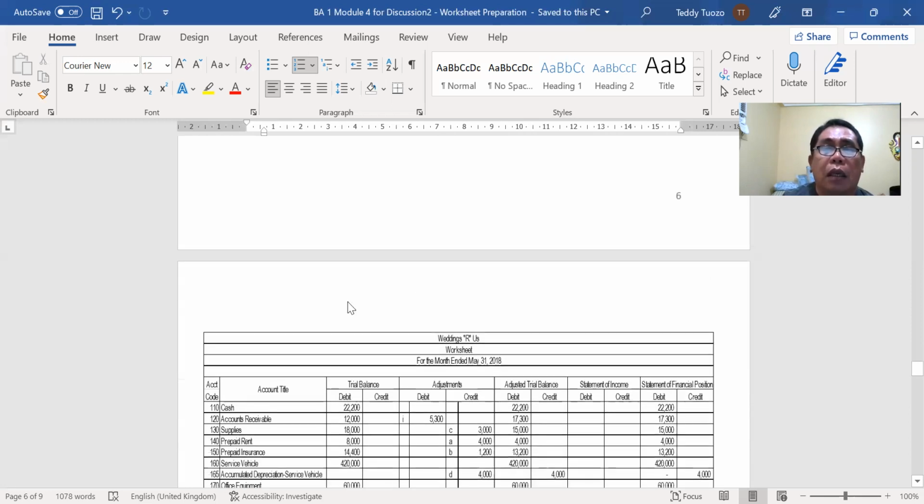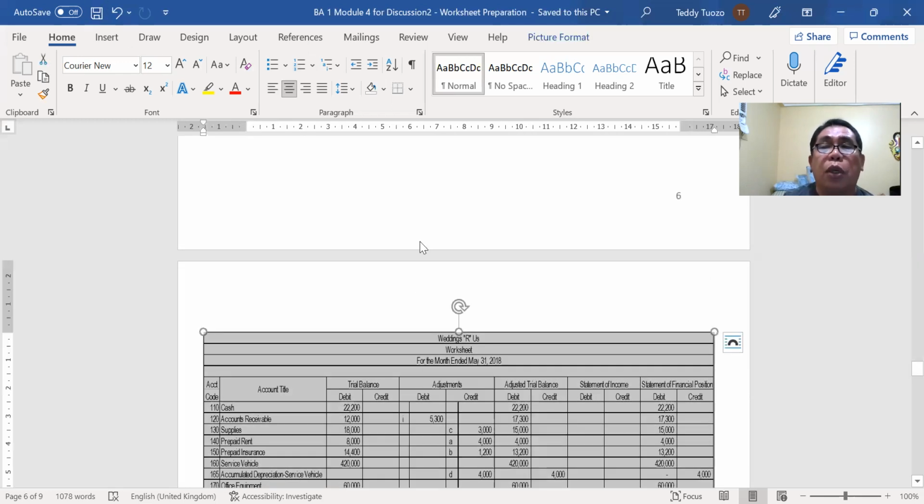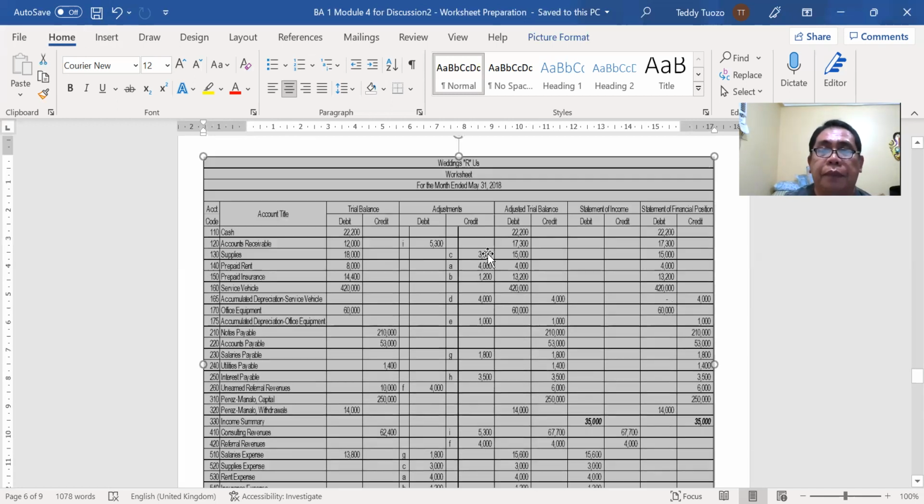Of course, later on you will learn that for an income, the income summary really has a credit balance. And if the balance of the income summary account is debit, meaning to say there is a loss.